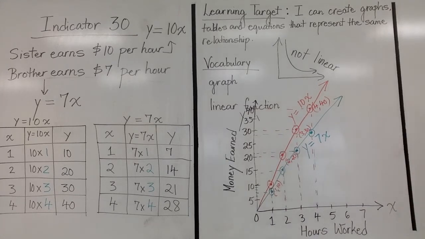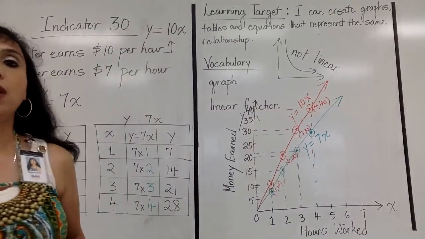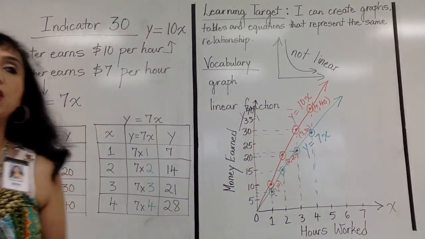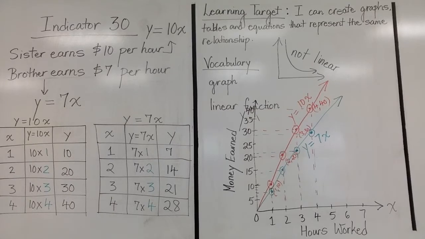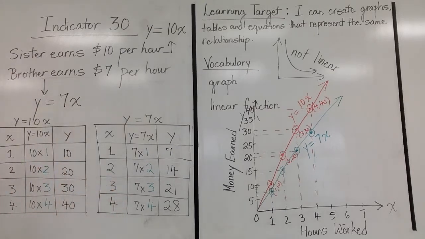Now when you're comparing the lines in a graph, these are both linear graphs because they are going in a straight line. Believe me, if I had a coordinate graph provided to me, it would look way straighter than it is on the whiteboard. However, you just need to know the graph where y is equal to 10x, the one on the left, which is going up much faster, is going to be the steeper graph.